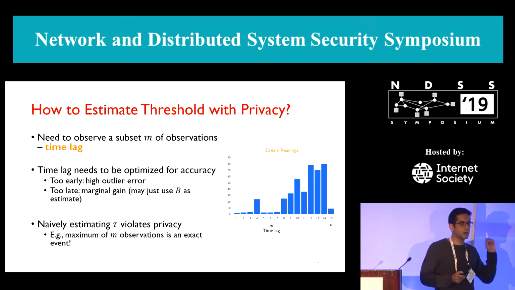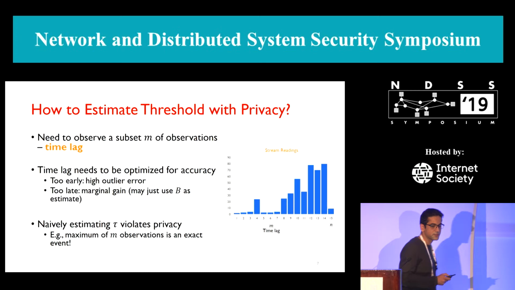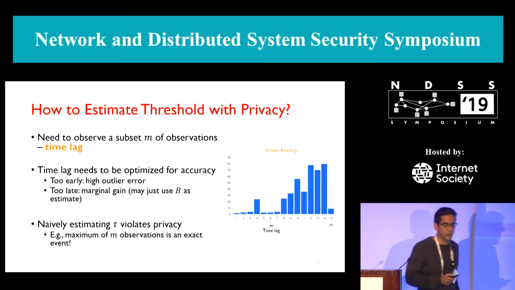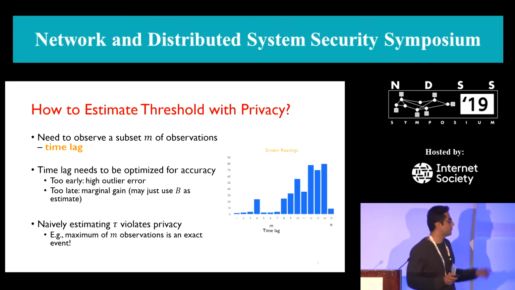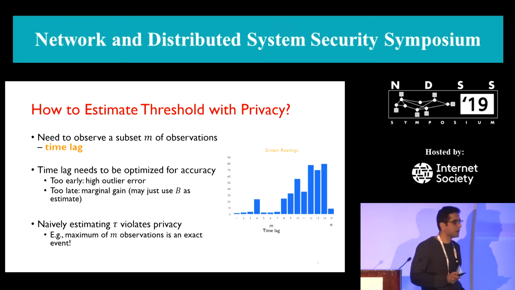If we try to estimate the threshold way too early, then that would result in high outlier error. If we wait too long, then that will only give us some marginal improvement over the worst case bound B. And most importantly, if we naively estimate this threshold, then it could violate privacy.